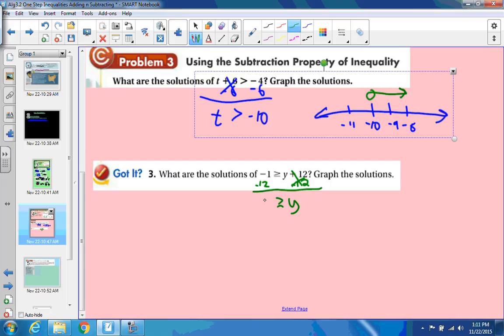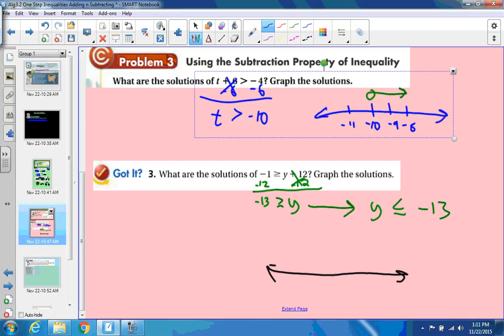The symbol stays the same, and this will be negative 13. So then to flip it around, put the y in front and the negative 13 in the back, then you have to flip the symbol. So you flip it that way. Still opening up to the negative 13 then. So your solutions are anything less than or equal to negative 13.